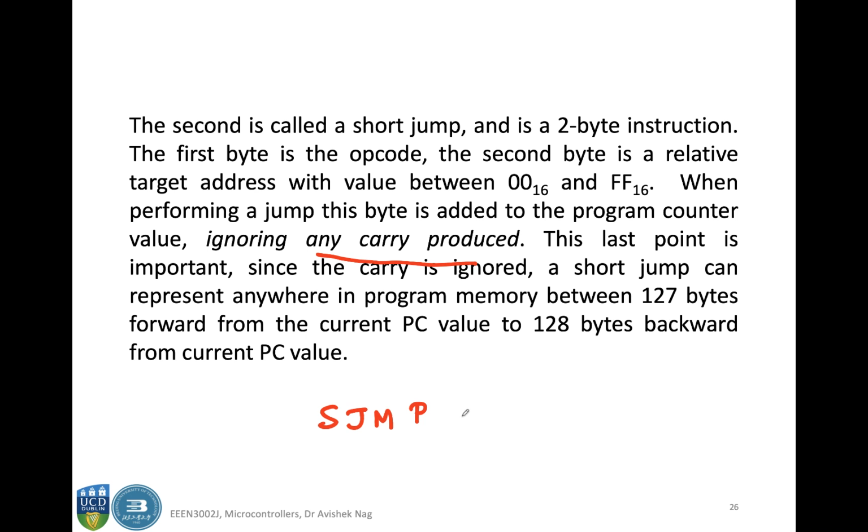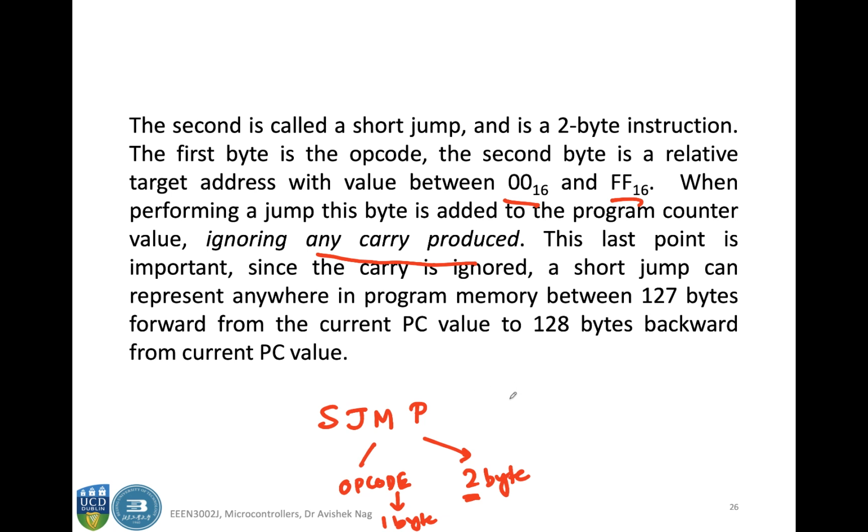Short jump has some opcode, which will be 1 byte. And the next byte, the second byte, will be some number between 00 to FF. Okay, and whatever that number is, that is added to the program counter.